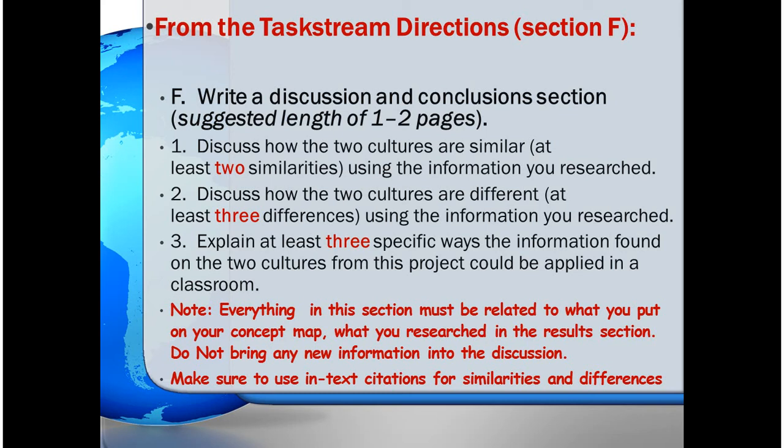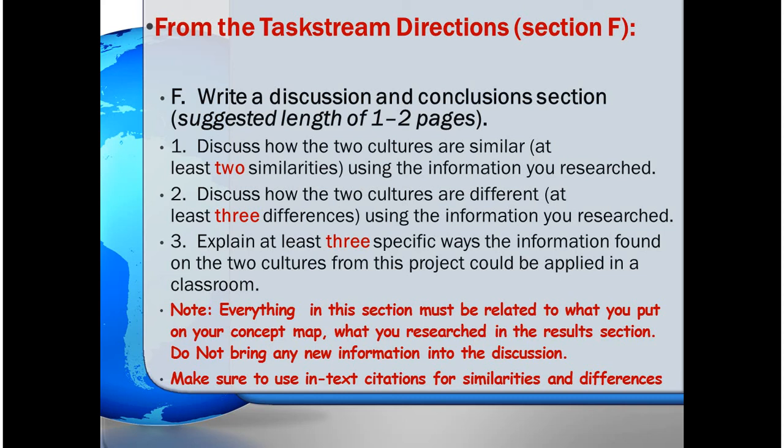For instance, if your three common themes were family structure, food, and traditions, and then in the differences or similarities section, you begin to talk about language, that would be a no-no because you're bringing in brand new information. However, if you find that there are some significant differences in family structure or in traditions or in foods, then this is the place to bring it out.